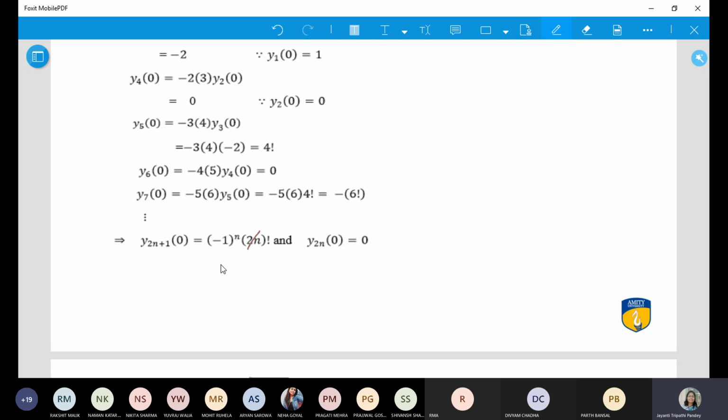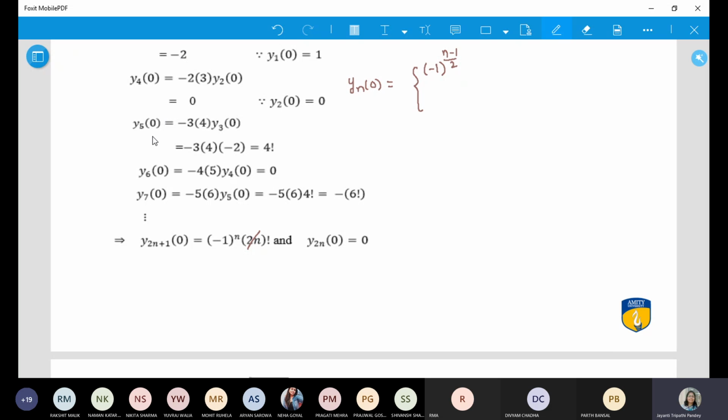So actually the summation is, they are not written. I am writing the summation, just see how we will write it. Yn0 is minus 1 to the power n minus 1 by 2. See, just check, when n is 1, you are getting minus sign.